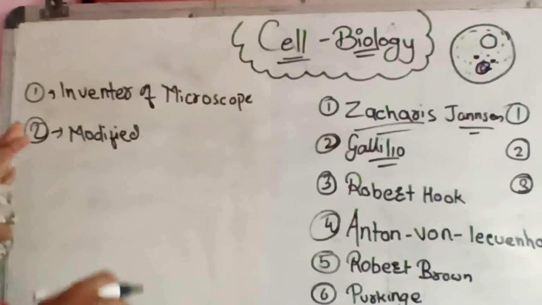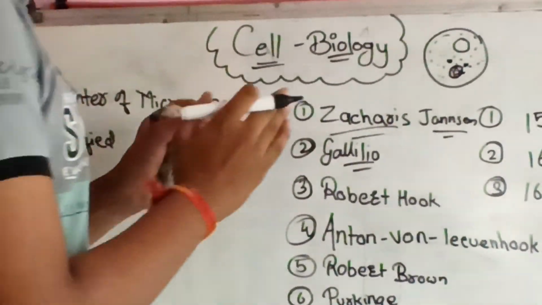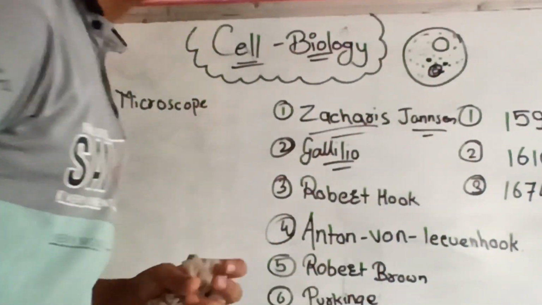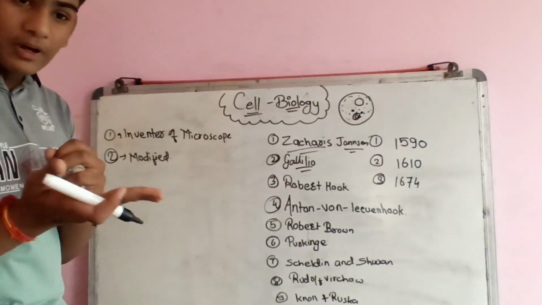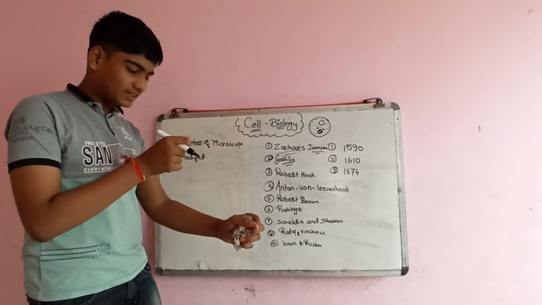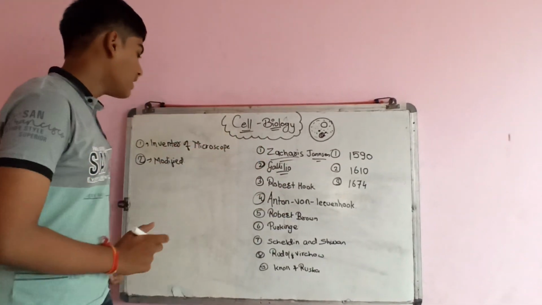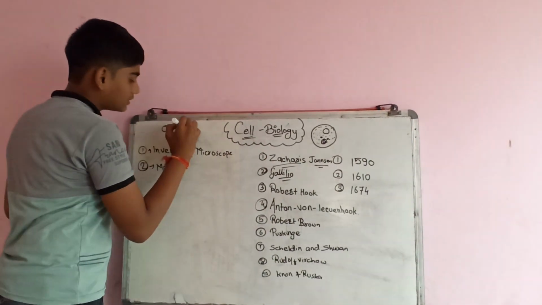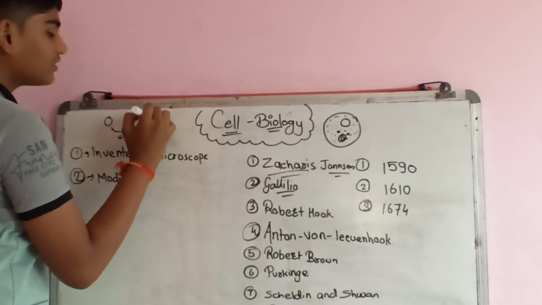Why? Because the microscope which was being made by Zacharias Janssen was simply two lenses which were below the glass, and he was seeing like this. Means one lens in one hand, second lens in second hand, and these are lenses, and here is an object.